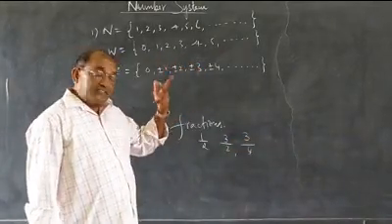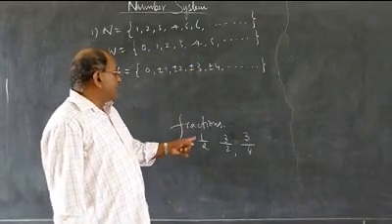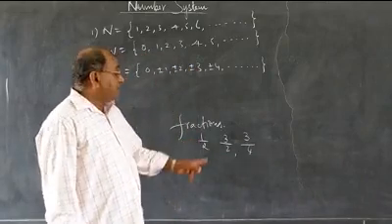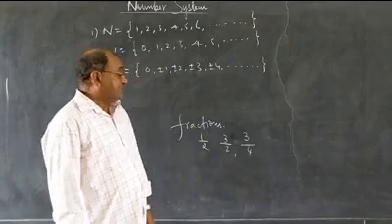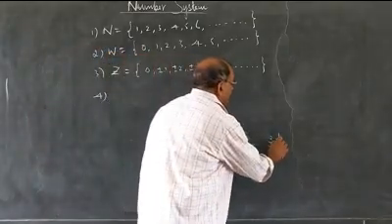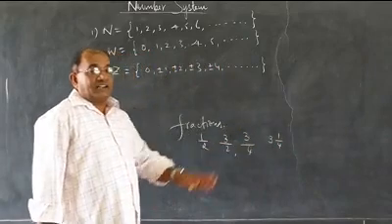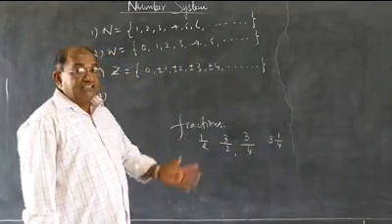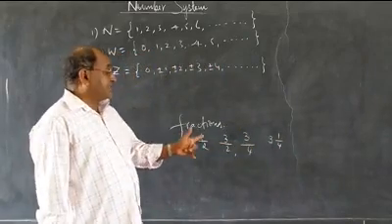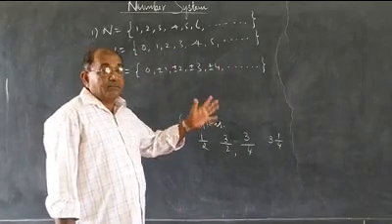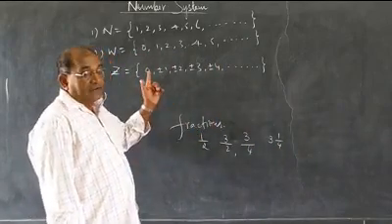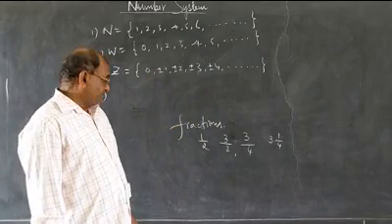And we have learned different types of fractions. Say this is a proper fraction, this is an improper fraction. Suppose I write 3 1 by 4, it is a mixed fraction. Like that we have learned different types of fractions, which also can be represented on the number line, which I had taught in the previous session.